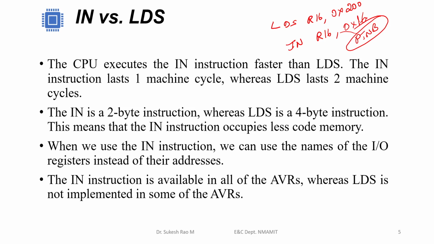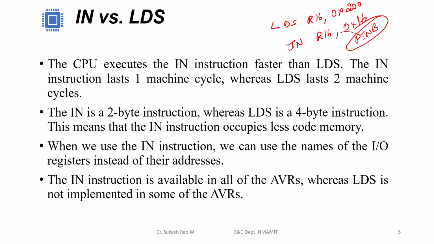So there is a difference. When you are using the IN instruction, instead of 0x16, I can write PIN B. That's one of the assembler features. The last point is that IN is available in all AVRs. LDS is not implemented in some of the AVRs, though there may be an exception for this. So this is one of the instructions.